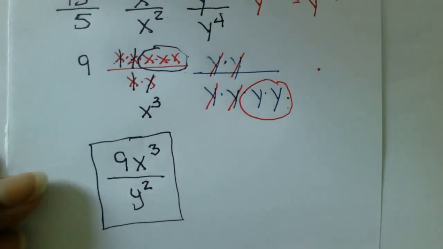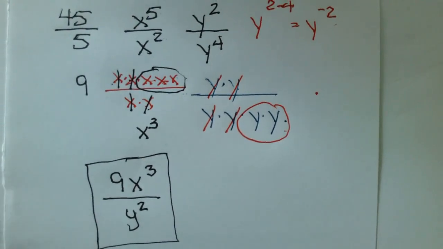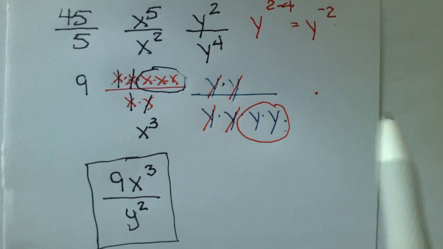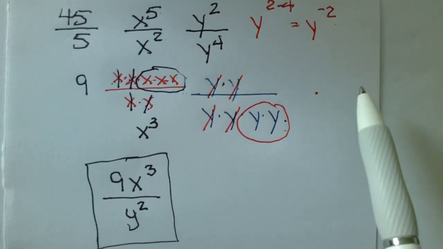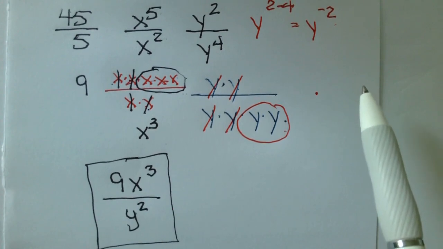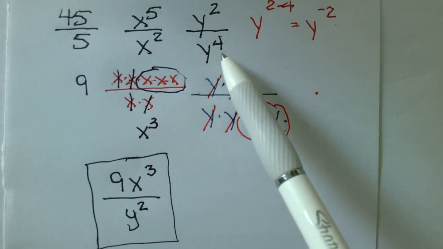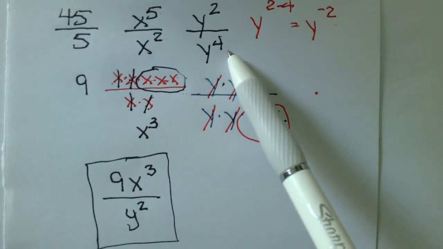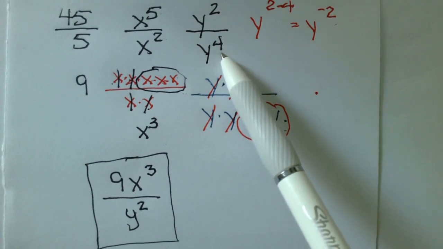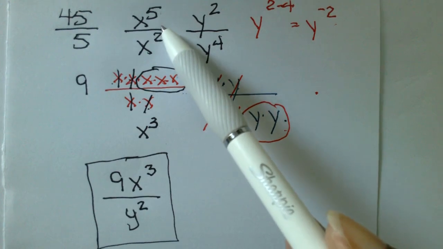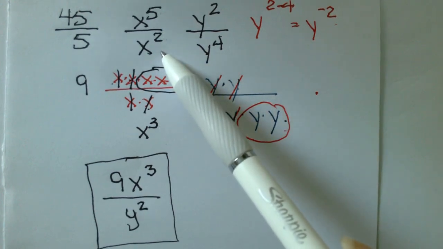So when you are dividing, you're subtracting your exponents. When you subtract your exponents, in order to eliminate trying to flip your brain all over the place, just take your answer and put it wherever you have your largest exponent. So here we had x to the 5th divided by x squared.